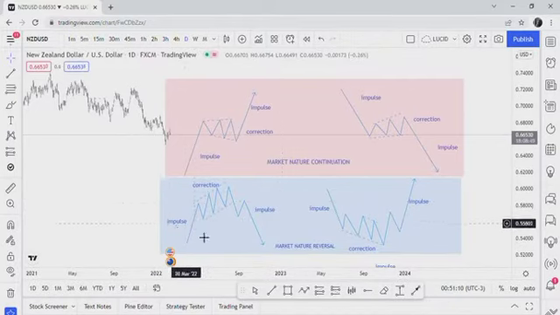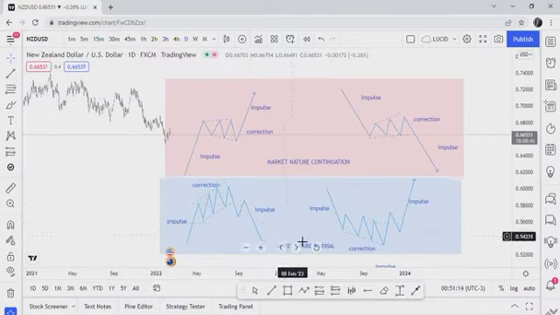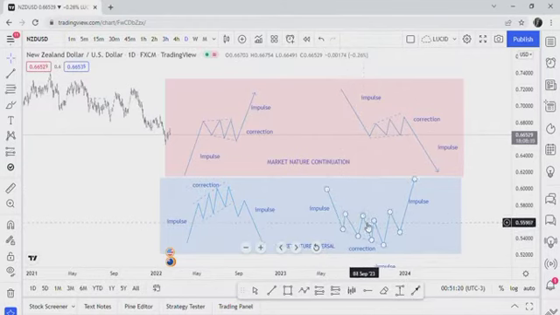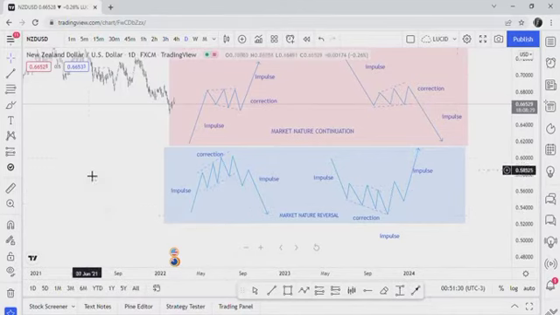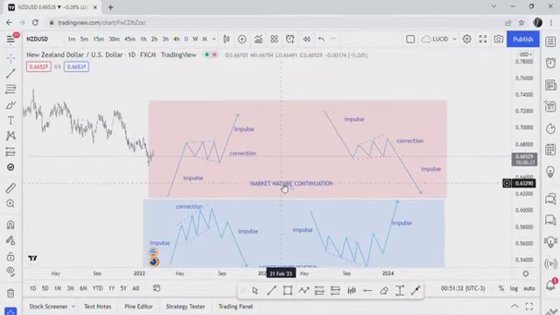That's market nature, uptrend to downtrend, and market nature downtrend to uptrend. You must see an impulse to the downside, a correction, and then a break above, impulse to the upside. That's market nature reversal. So this is for trend reversal and this is for trend continuation.